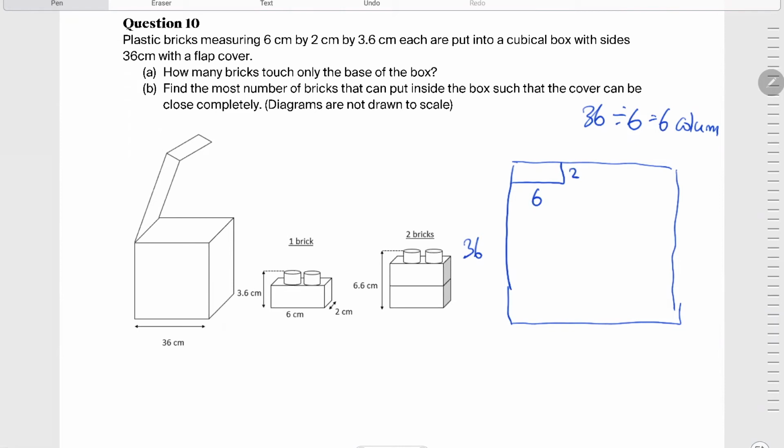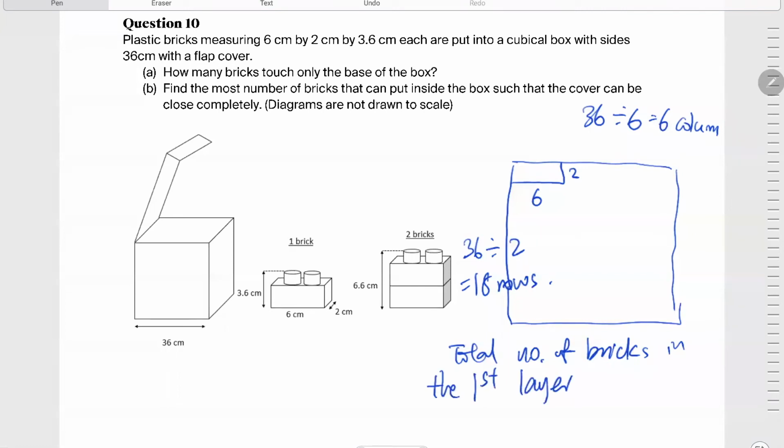If you know that the side here is 2, to find the number of rows, you take 36 divided by 2, you have 18 rows, which means the total number of bricks in the first layer, on the base, would be 18 times 6, 108 bricks.